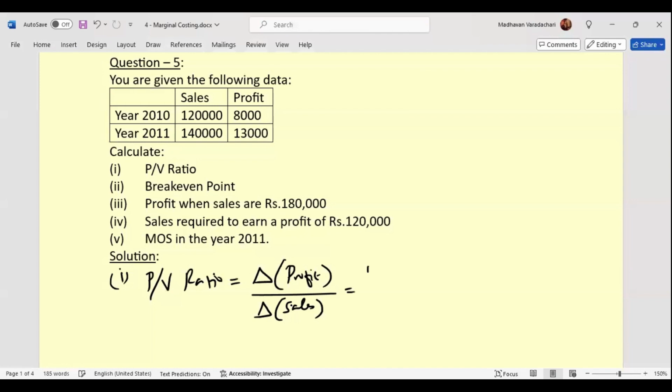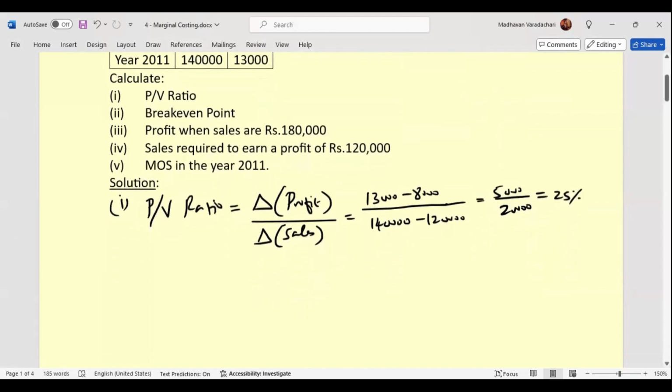So change in profit is 13,000 minus 8,000, sorry, 1.4 lakhs minus 1.2 lakhs. So that will give us 5,000 divided by 20,000, which in terms of percentage will be 25%.